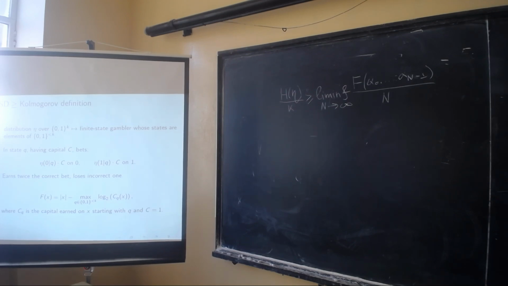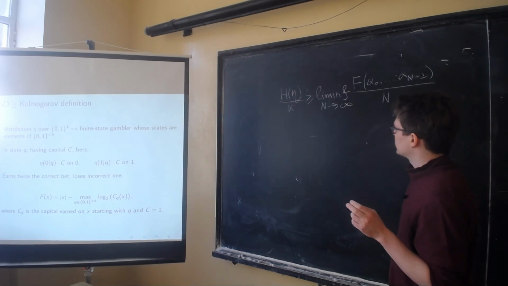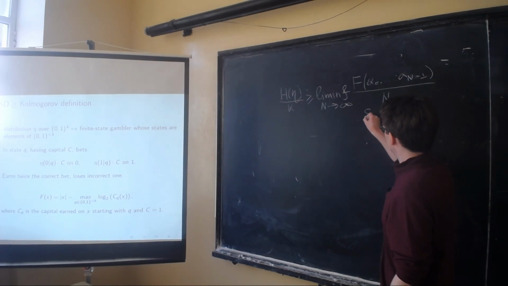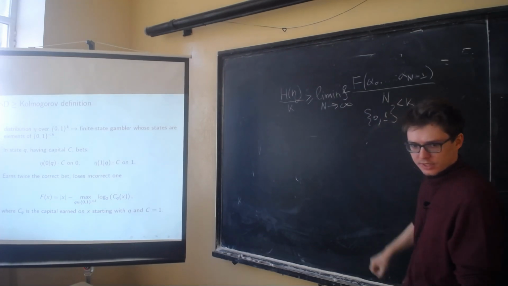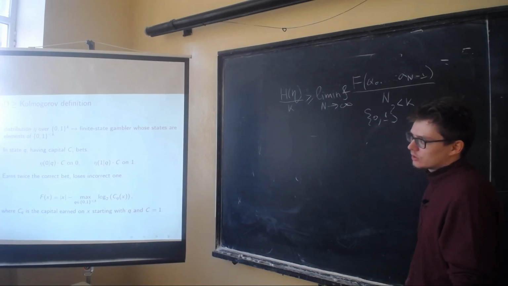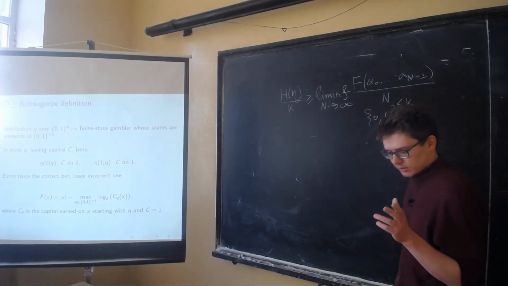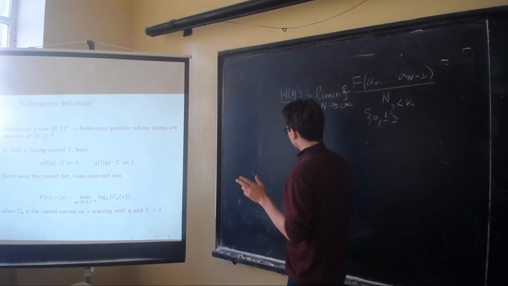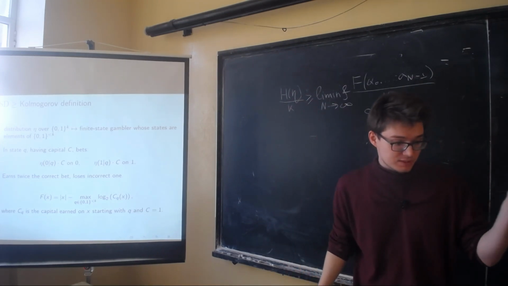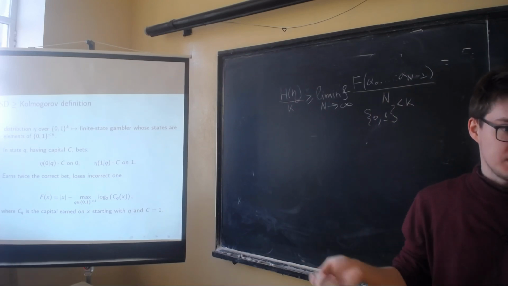First of all, this finite state machine has states, and the states of this machine are strings of length less than k. And what does it do? We can assume that this machine tries to predict the bits of some sequence.